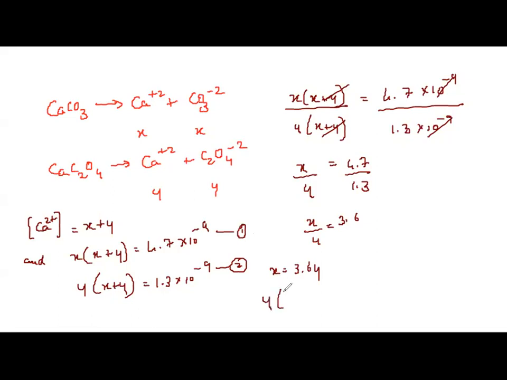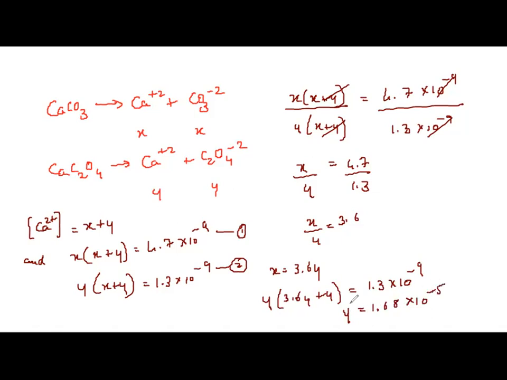Y into 3.6Y plus Y is equal to 1.3 into 10 raised to minus 9. So 3.6 plus 1 is 4.6. 4.6 into Y square is equal to 1.3 into 10 raised to minus 9. Therefore, on solving, we'll get the value of Y equal to 1.68 into 10 raised to minus 5.